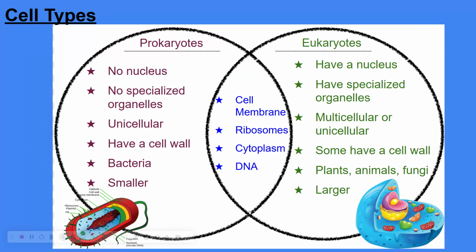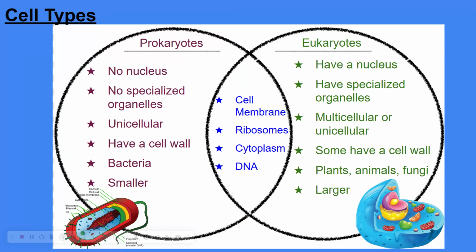Eukaryotes, the EU is pronounced U, and you are a eukaryote. So our cells have a nucleus. They have specialized organelles such as a mitochondria or a Golgi or an endoplasmic reticulum. Plant cells have chloroplasts. So these are all specialized organelles. Eukaryotes can be multicellular like humans and plants and fungi, or they can be unicellular like some of the algae that's out there, or amoebas.